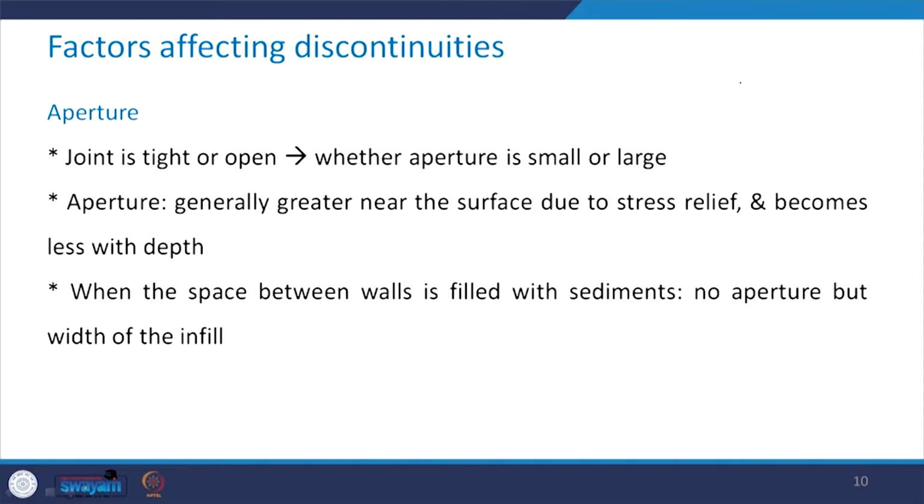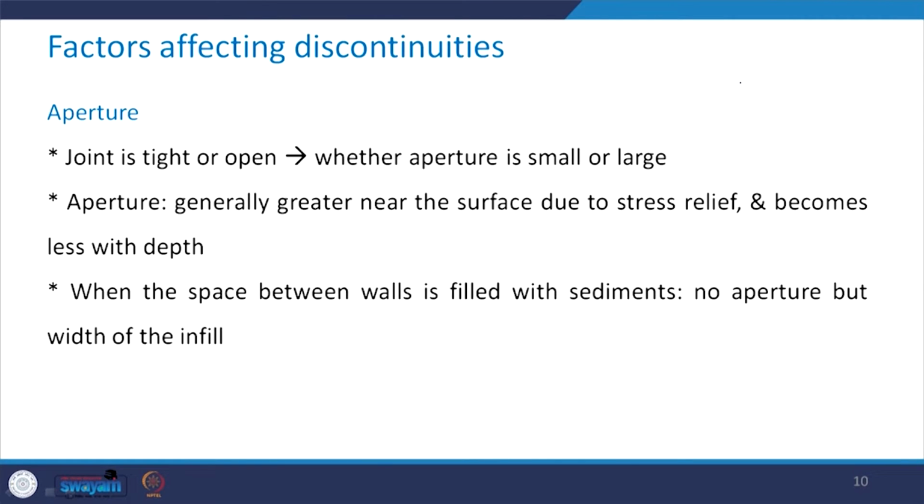Aperture is generally greater near the surface because near the surface the stresses are released, and it becomes lesser with the increase in depth. If the space between the walls is filled with sediments, then there will not be any aperture, but it will be called the width of the infill.